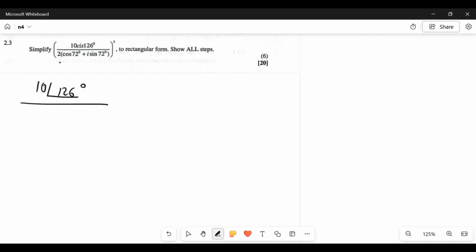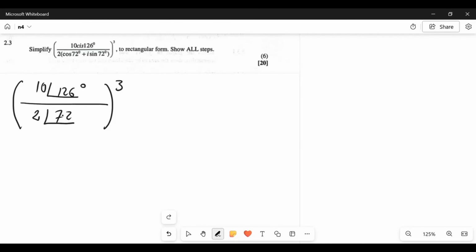And also on the denominator, we have 2 multiplied by cos 72 plus i sine 72. Guys, this is also another notation for polar form. So we can write it in this notation. We have 2 and then we have polar 72. Or you can use the cis notation. It's all good, guys. But let's not forget, all of this has the power of 3 there.